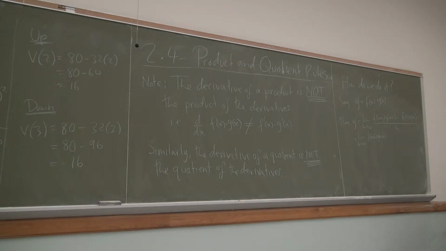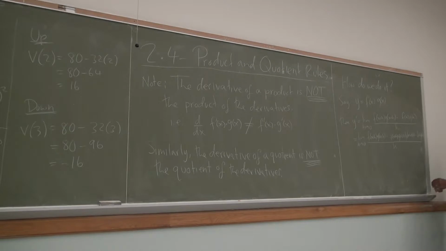So basically I'm going to add f of x plus h times g of x and subtract the same thing. So I subtract this and add it again, right? So I'm really adding 0, I'm not changing the value of anything.